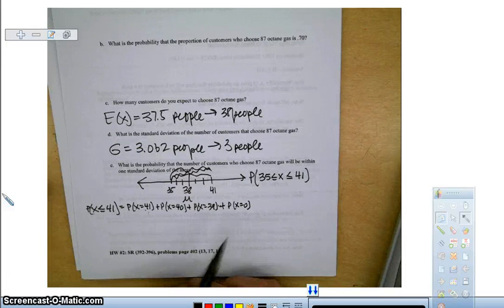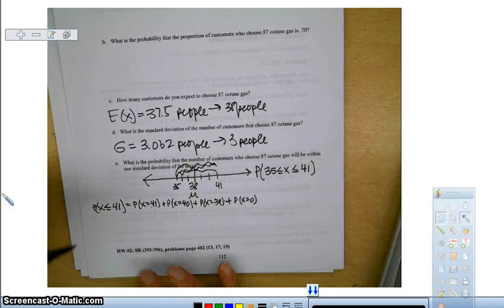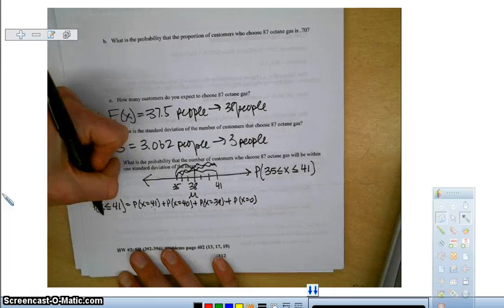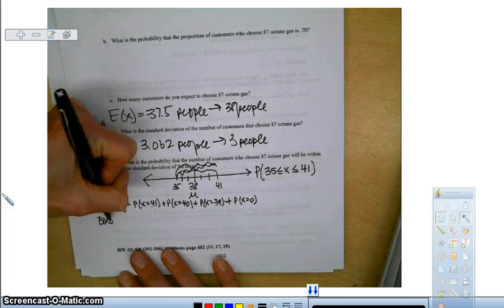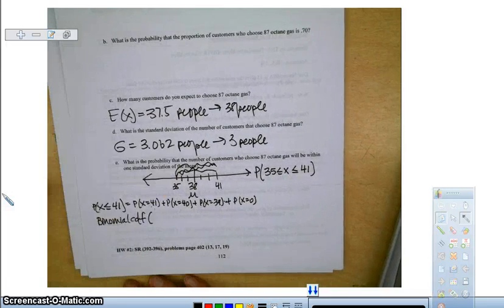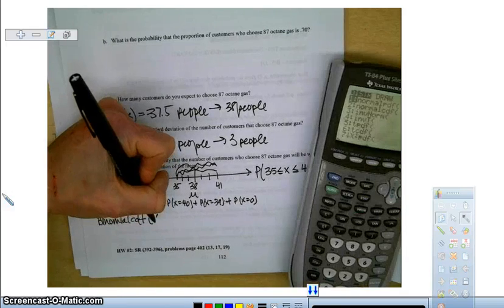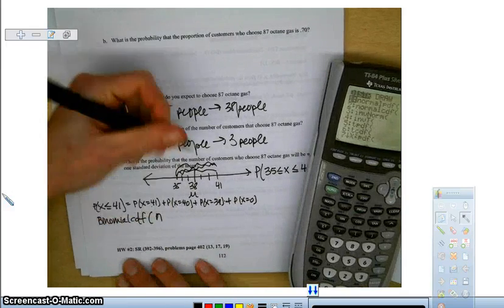The really nice thing is our calculator has a command that will do these less than probabilities in the binomial distribution for you. There's a command, binomial CDF. What you type in: n first, the number of trials.